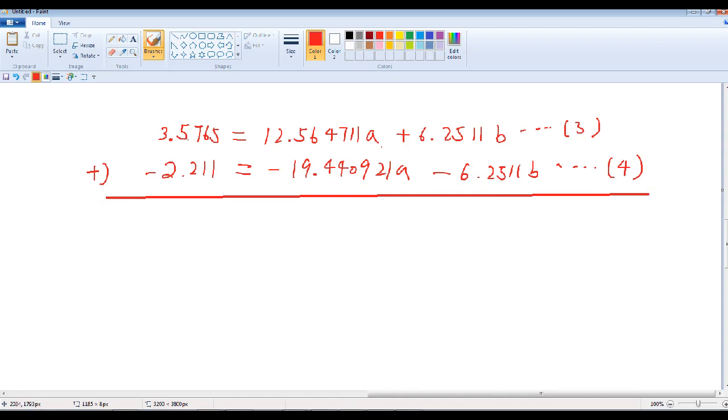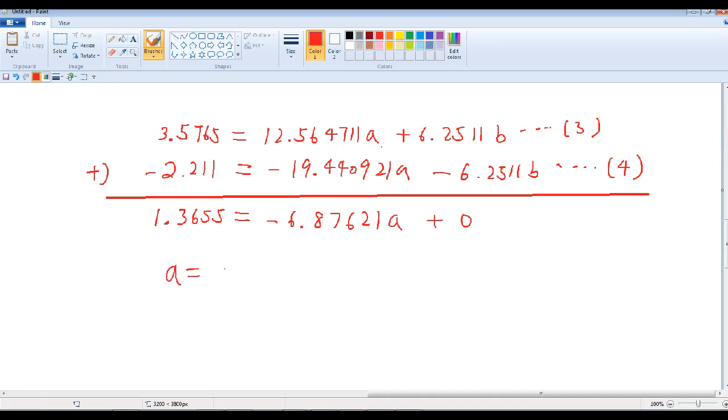That becomes 3.5765 plus minus 2.211, which becomes 1.3655, and the other one becomes minus 6.87621a, and of course the b terms become 0. So now there's only one unknown left, which is a.